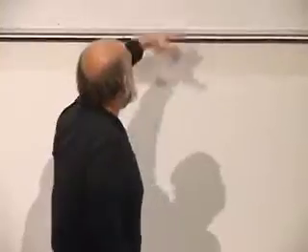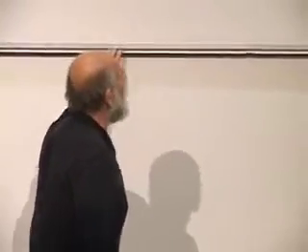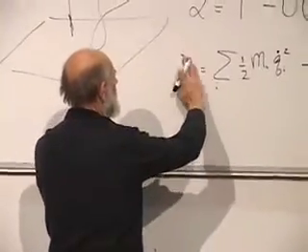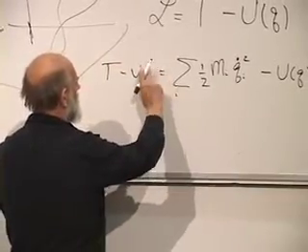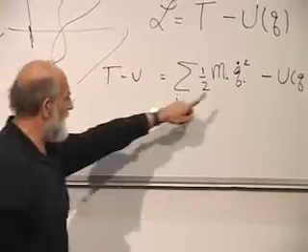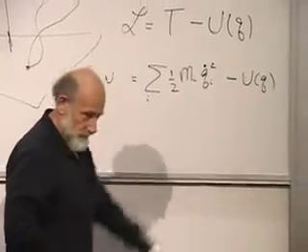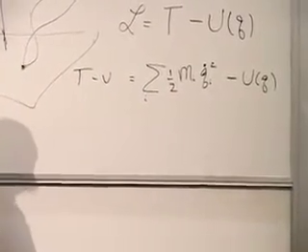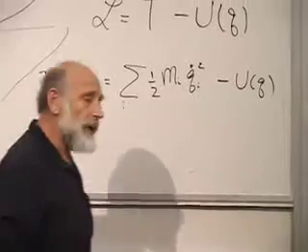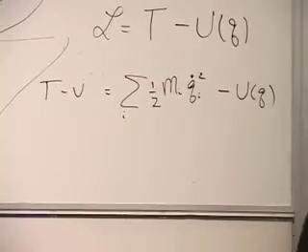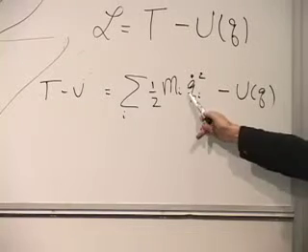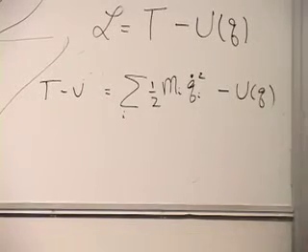More generally, T could, I'm sorry, I've written something silly here. T minus U is equal to this. T minus U, okay? Keep in mind one thing, the Lagrangian is not the energy. The energy is the kinetic energy plus the potential energy.